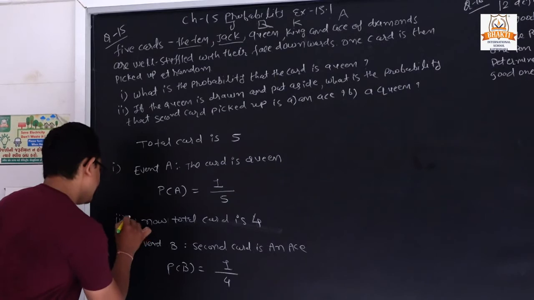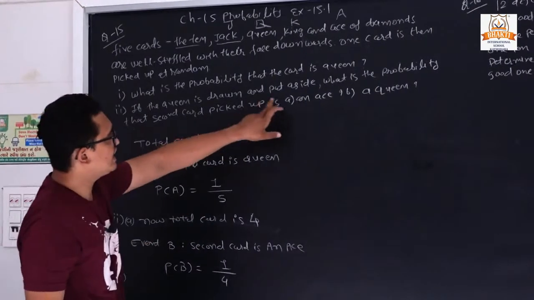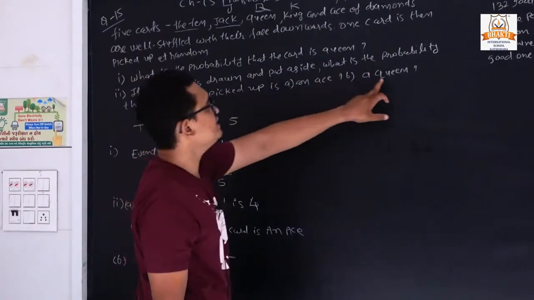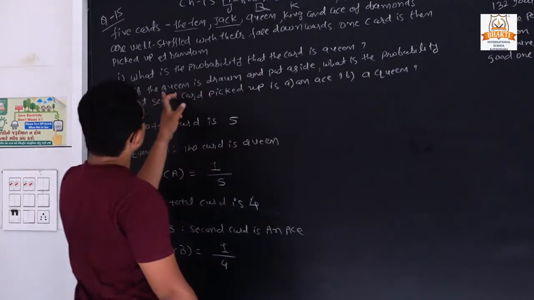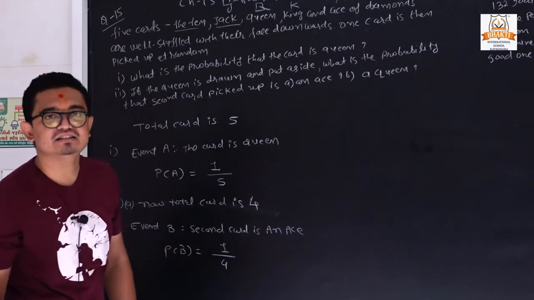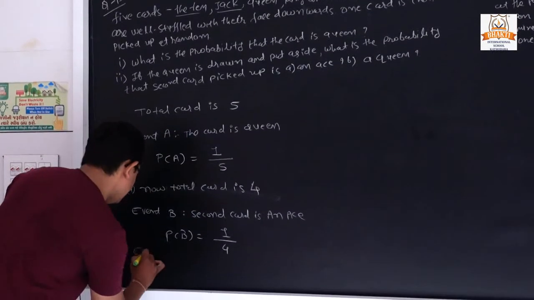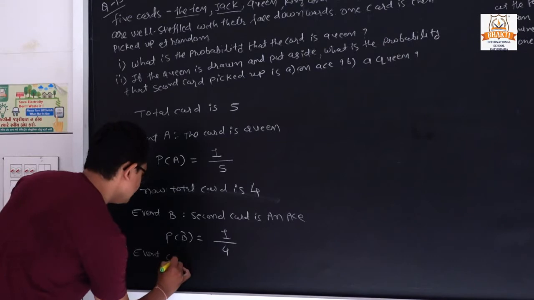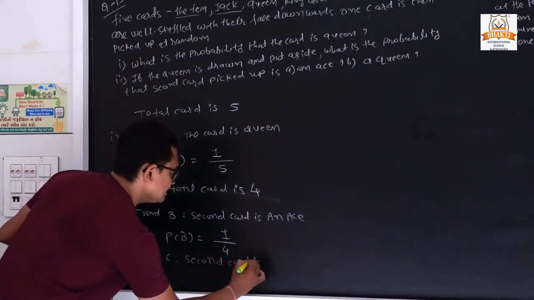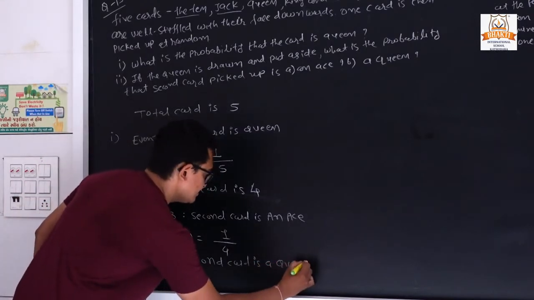That was part A, now part B. In part B they are asking what is the probability that the second card picked up is a queen. We have already taken the queen aside, so we can write event C: the second card is a queen.